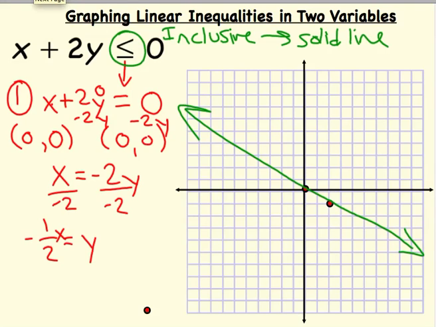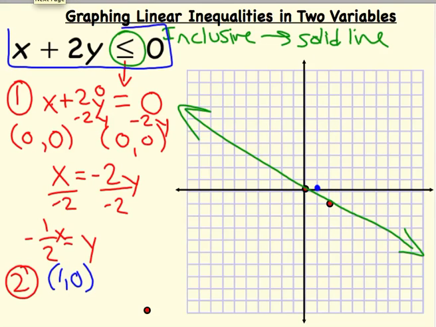All right, step 2 is to pick a test point. Well, notice this one goes through the origin, so we cannot pick the origin as our test point. I'm just going to pick another point. I'm going to pick 1, 0. So I'm going to go back to the original to plug in my test point.